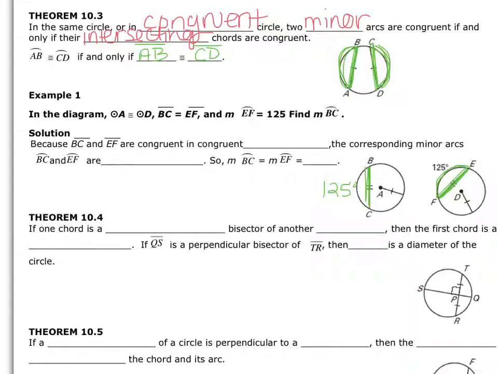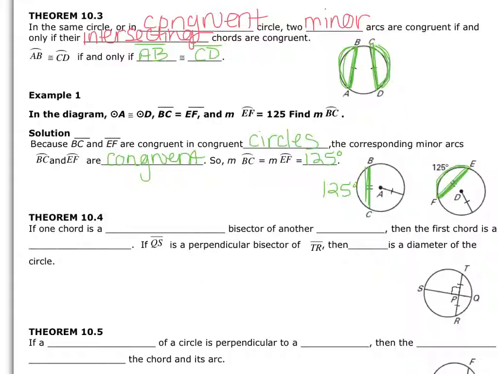Because BC and EF are congruent chords in congruent circles, the corresponding minor arcs, arc BC and arc EF, are congruent. So the measure of arc BC is equal to the measure of arc EF, which is 125 degrees. So if the chords are congruent, the arcs are congruent.